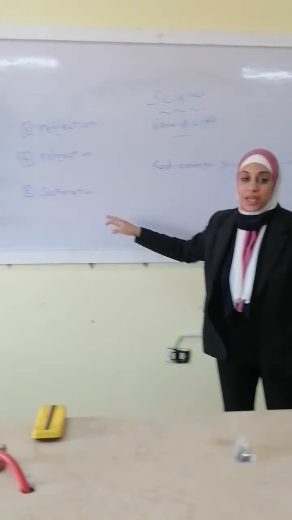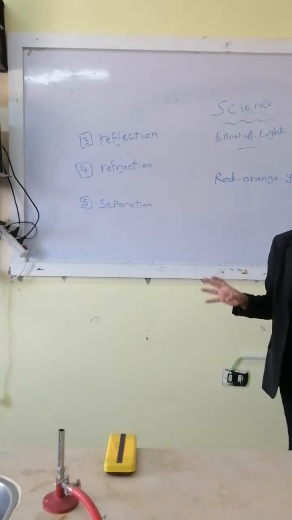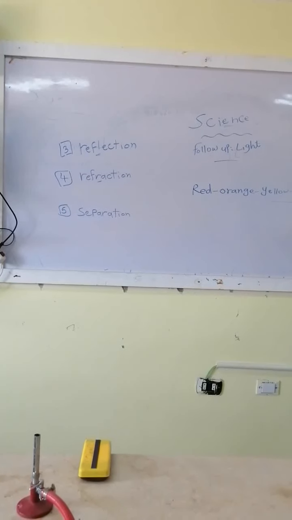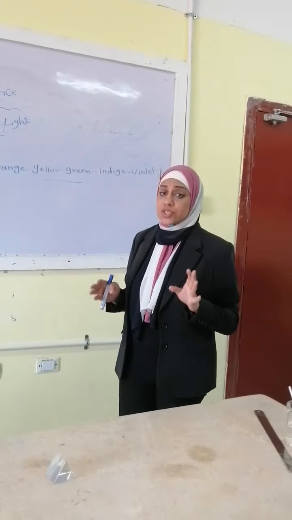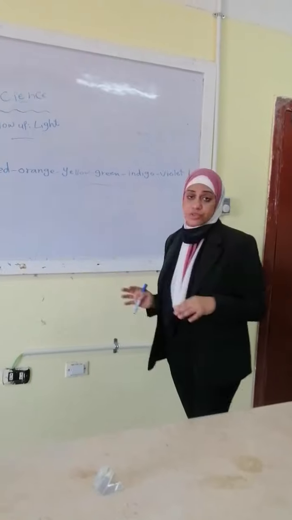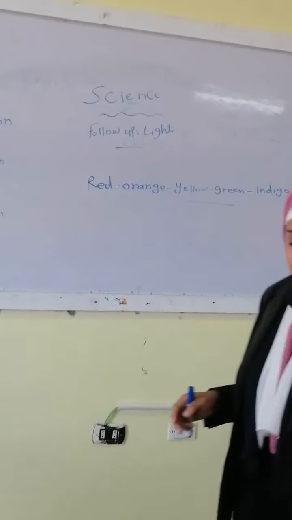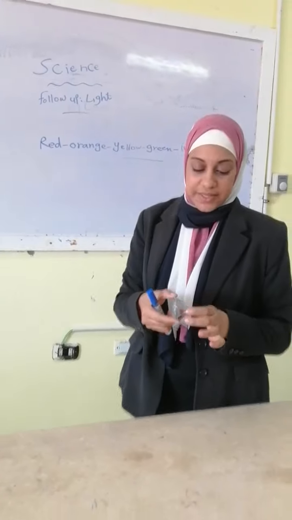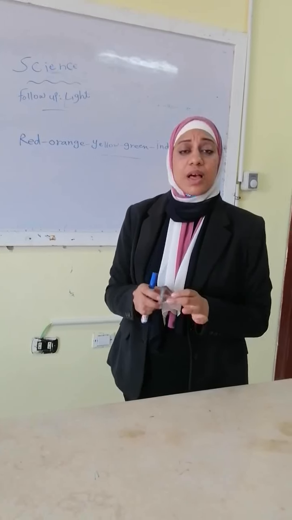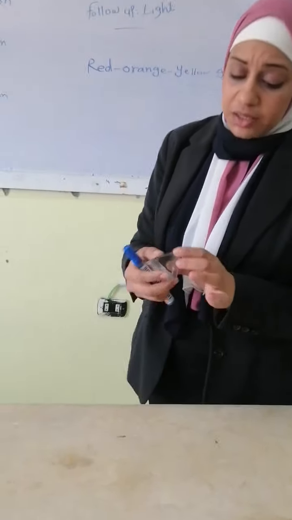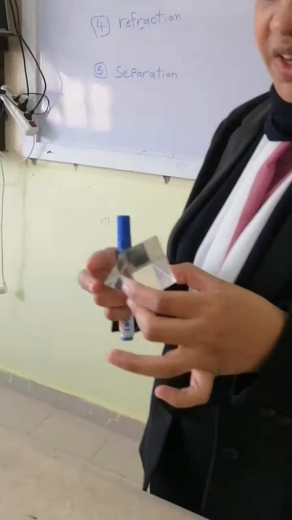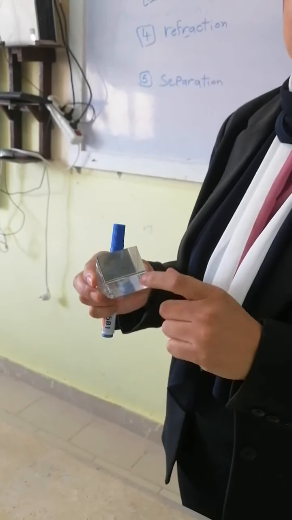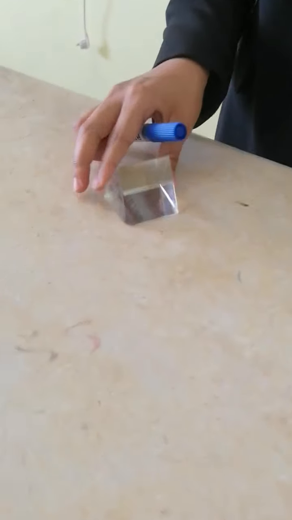Now we are going to speak about light separation or splitting. You know that the white light separates into 7 spectrum colors. Okay? This triangle thing is called a glass prism. A glass prism, facing the sunlight, separates the sunlight into 7 spectrum colors.